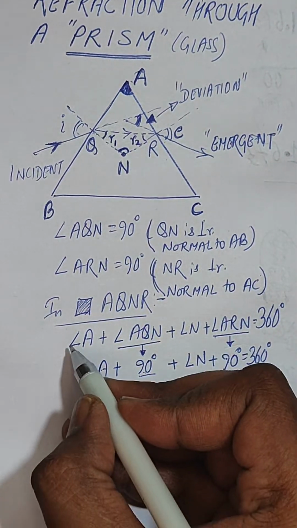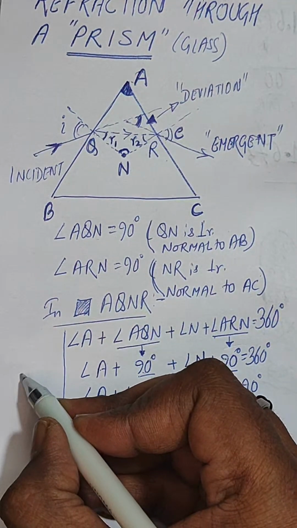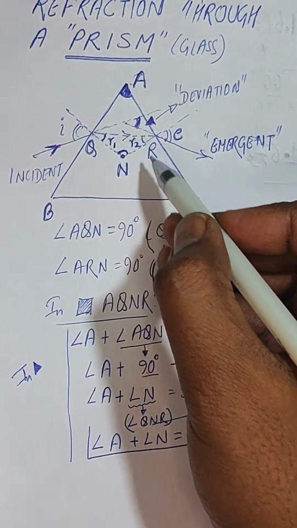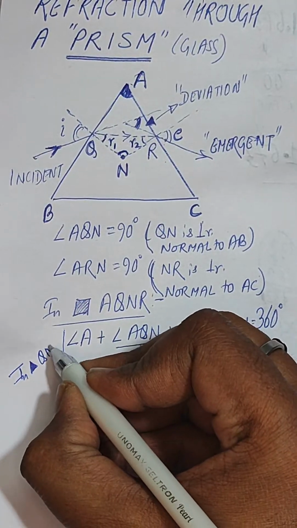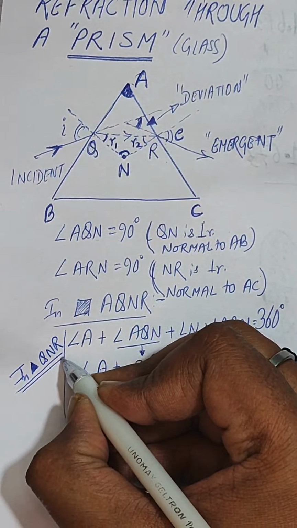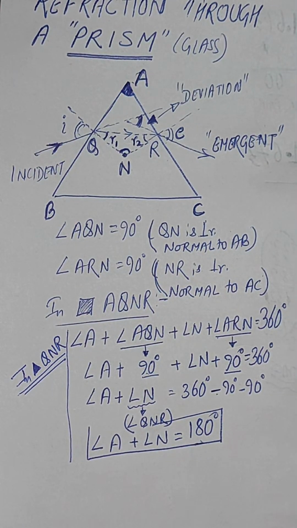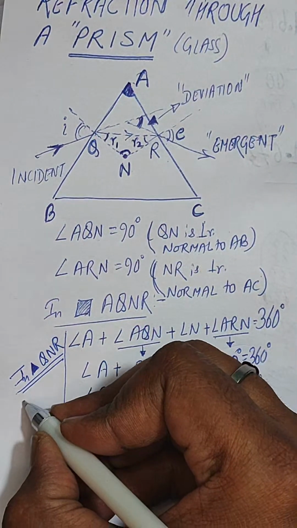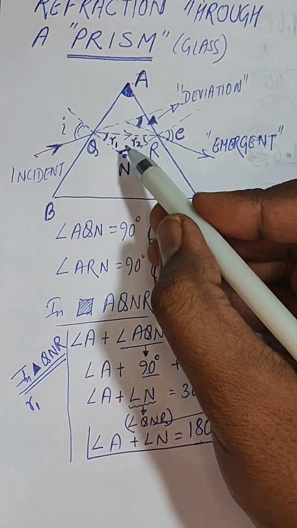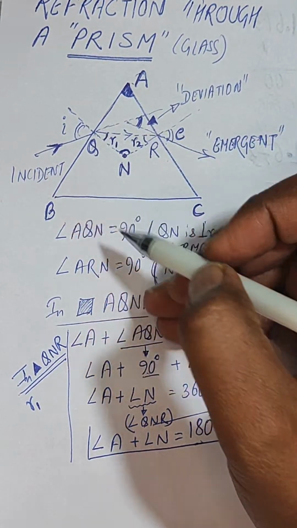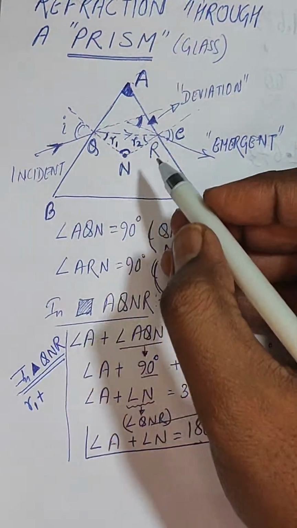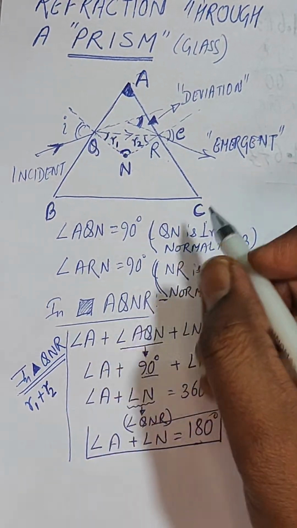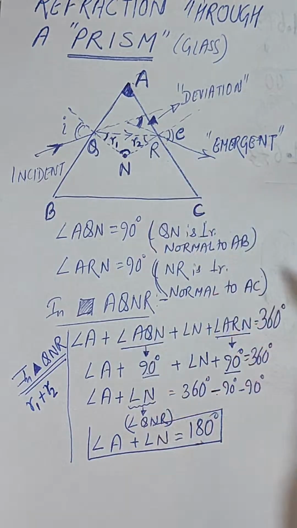If you see, in the triangle QNR, what will happen? Angle R1, angle of refraction for the first surface, plus R2, angle of refraction at the second surface, right?